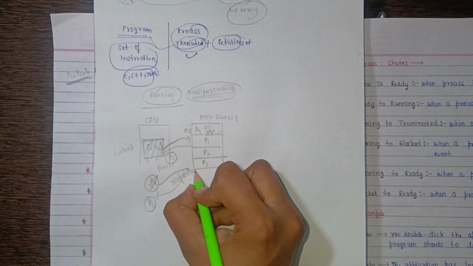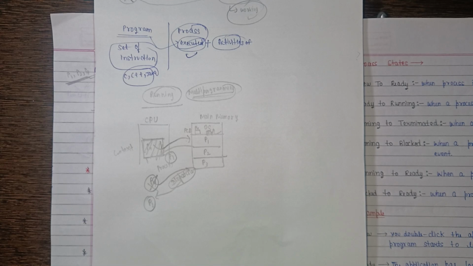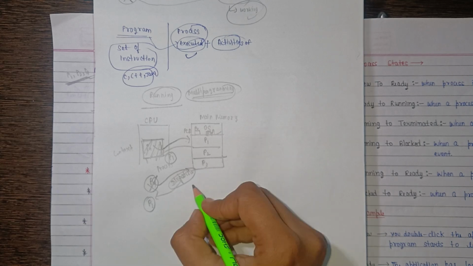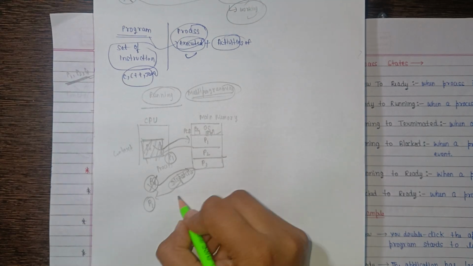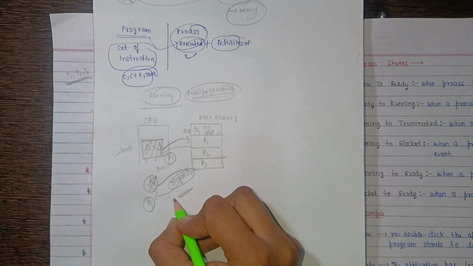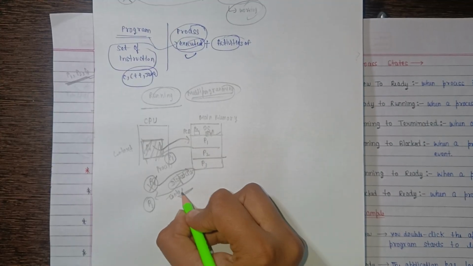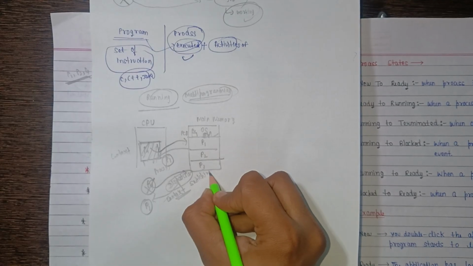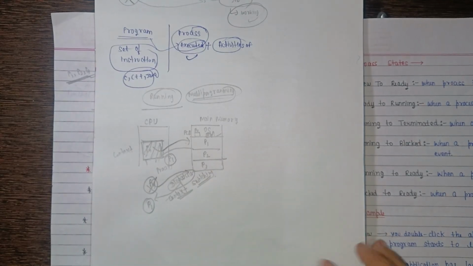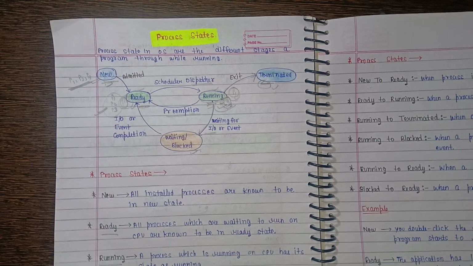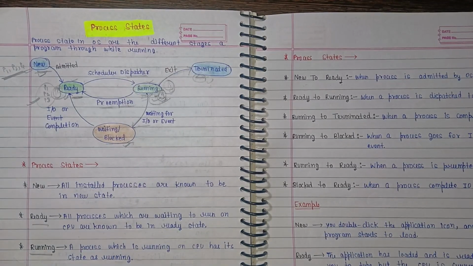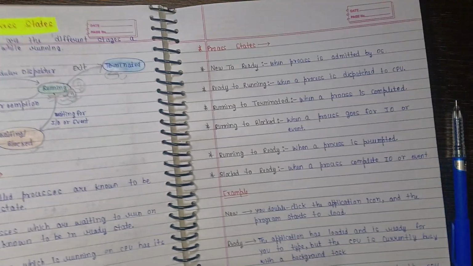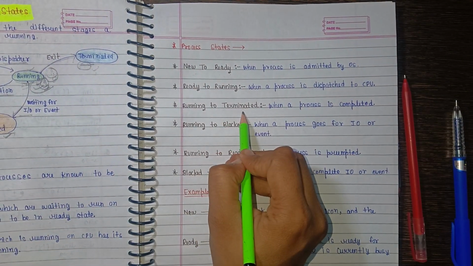The dispatcher is a part of the operating system. Basically this concept is known as context switching. Okay, running to terminated.